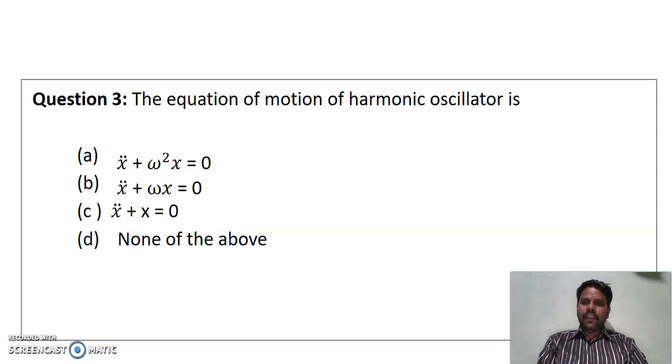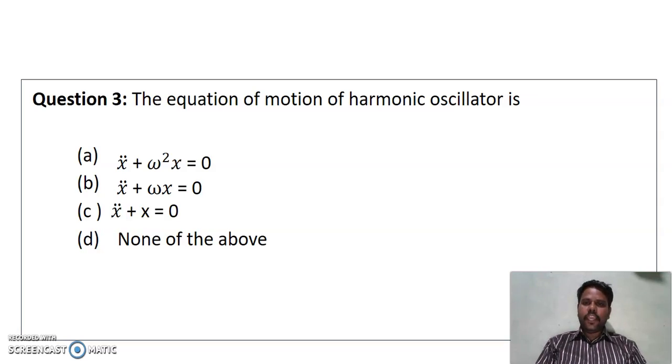Question 3. The equation of motion for a harmonic oscillator is option A x double dot plus omega square x is equal to 0, B x double dot plus omega x is equal to 0, C x double dot plus x is equal to 0, D none of the above.